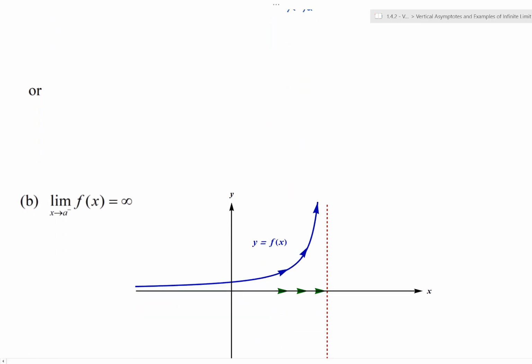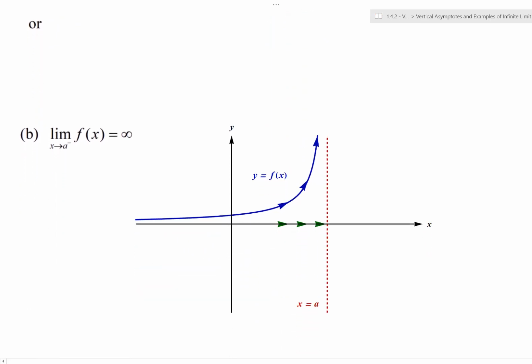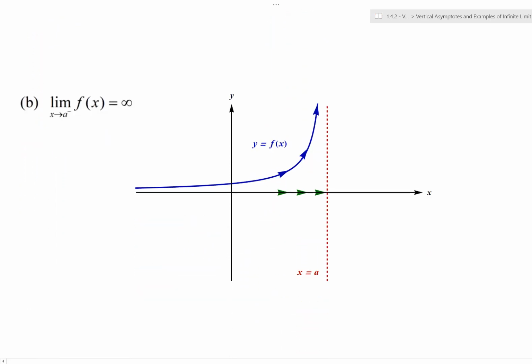What else? Well, what if the same thing happens as the previous situation, except now I'm letting x approach a from the left, and the function f of x is growing without bound towards positive infinity. As we can see in the picture, x is approaching a from the left of a. We see the vertical line x is equal to a here, and the function is going straight up to infinity.